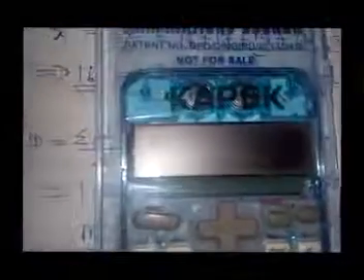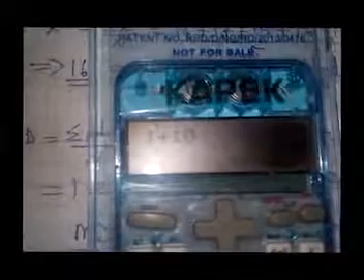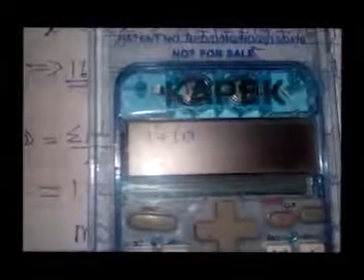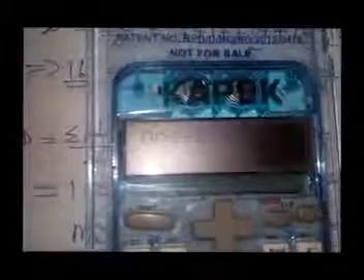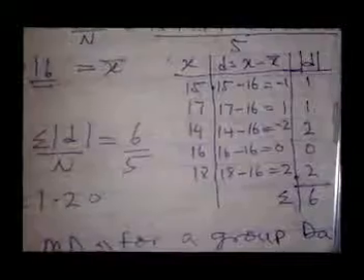So in this class, our midpoint is 1 plus 10 over 2, which gives us 5.5.